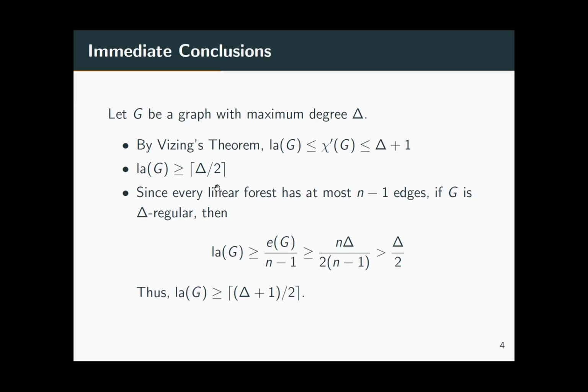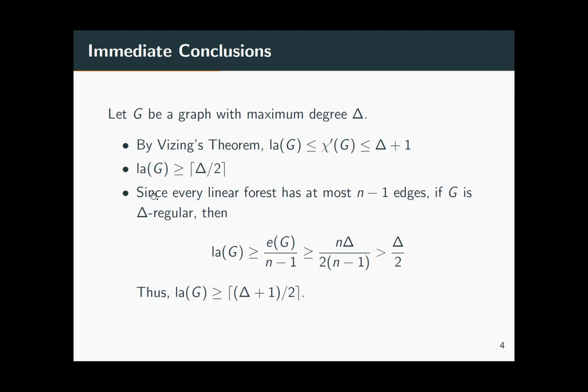Because for the vertex with maximum degree, a path going through this vertex will have at most 2 edges incident to this vertex, right? So this is the ceiling of delta over 2.